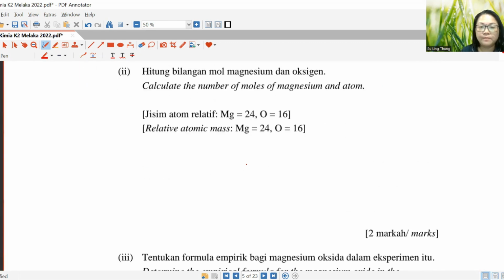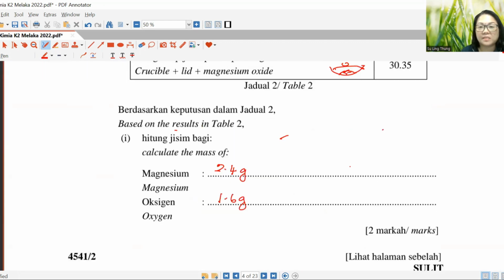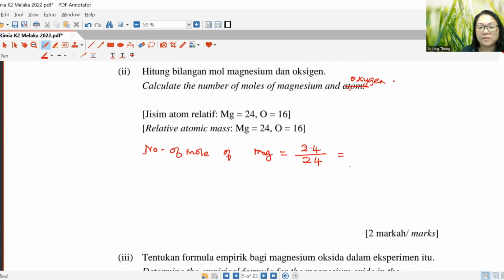Now, calculate the number of moles of magnesium and oxygen. The number of moles of magnesium is equal to 2.4 divided by 24, because we found the mass just now, which is 2.4 grams. So this is 0.1. Put your final answer with the unit, mole.